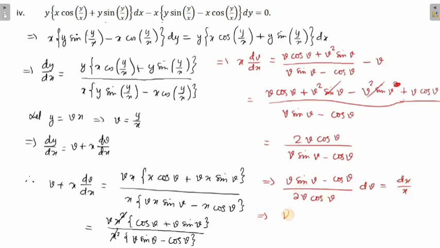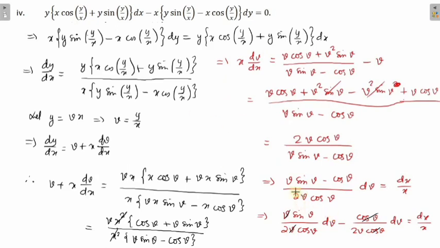So you get v sin v by 2v cos v dv minus cos v by 2v cos v dv is equal to dx by x. I'm not going to complete this problem, you will complete it by yourself, but the only thing I can do here is the simple simplifications.